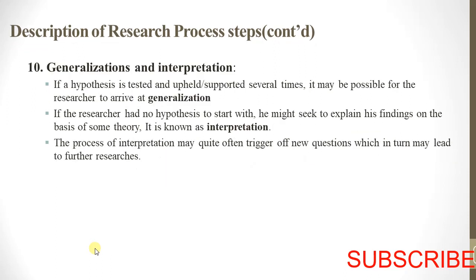10. Generalization and interpretation. If a hypothesis is tested and upheld or supported several times, it may be possible for the researcher to arrive at a generalization. If the researcher had no hypothesis to start with, he might seek to explain his findings on the basis of some theory.